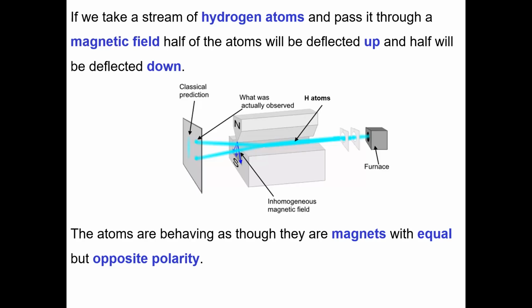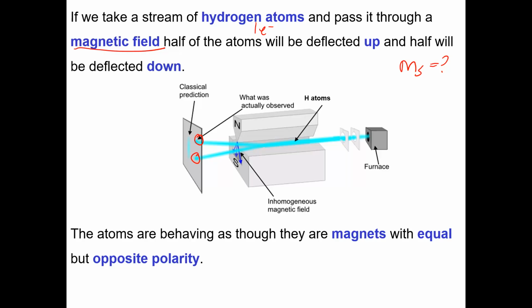Now, what about that 4th quantum number, ms? Where did that one come from? Well, if you take a stream of hydrogen atoms, which each have 1 electron, and you pass it through a magnetic field, exactly half of your atoms will be attracted towards the north pole of that magnetic field, and exactly half of them would be attracted towards the south pole of that magnetic field.